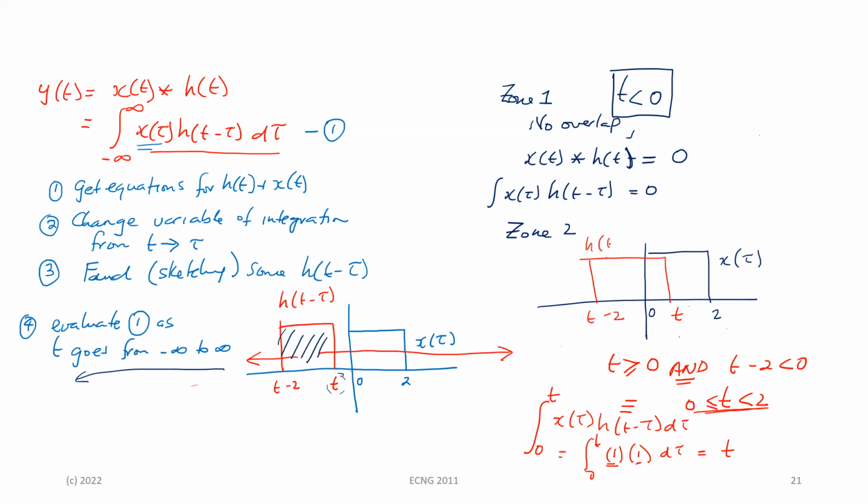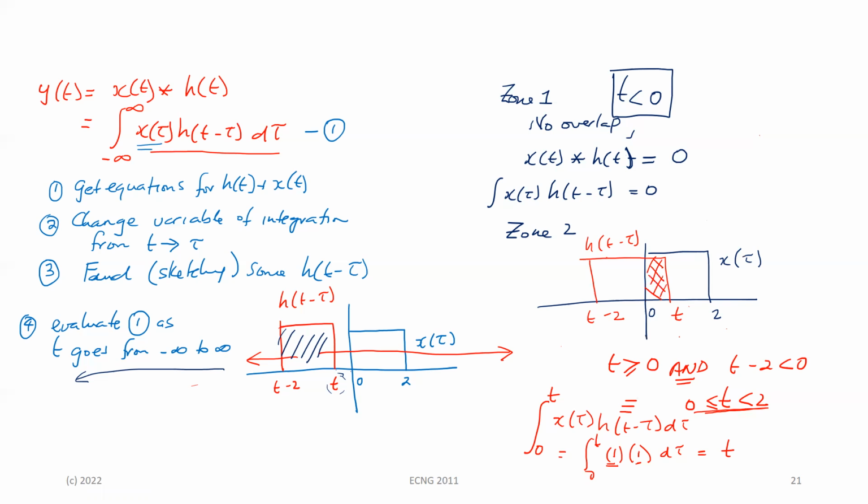So this is h of t minus tau coming up the road here, right? So once t, the limits now, first we have to see how long this is going to last. This is the second zone that we're trying to evaluate here. Already you could see that the area of overlap is this. That's fine, right? Everybody see that? That's clear enough, yeah?